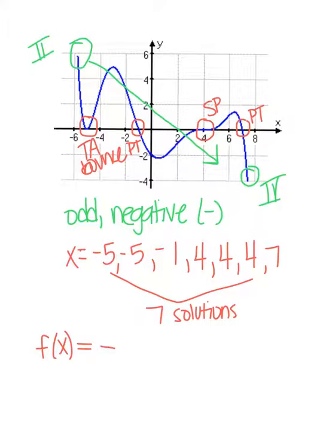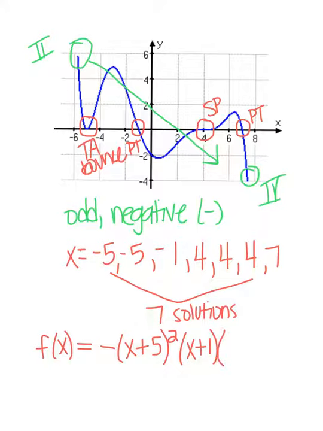And for every one of my solutions, I'm going to build the factor by changing the sign. So if I had -5 as a root, that means the factor is x plus 5, and since there are 2 of them, I square it. Since I have a -1 as a solution, that means my factor would be x plus 1. There's only 1 of them, so I'm going to leave it just to the power of 1.